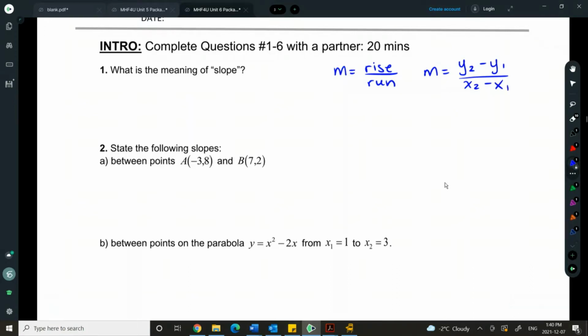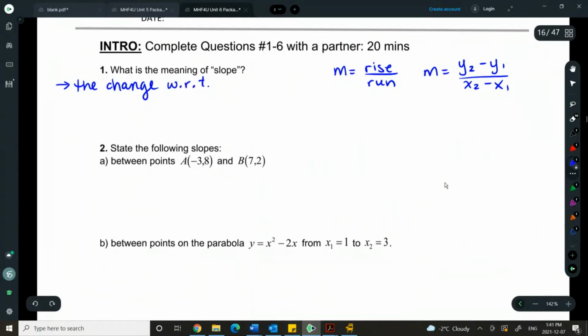Slope is basically the measure of, as I said in this formula, the change in y with respect to the change in x. Sorry, I should have said the change in y with respect to the change in x.